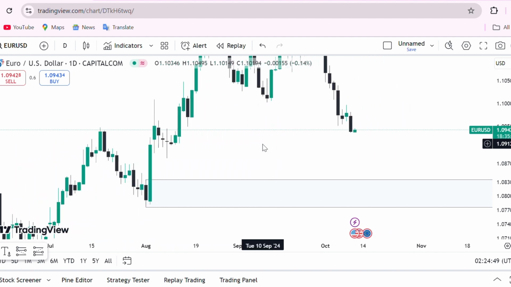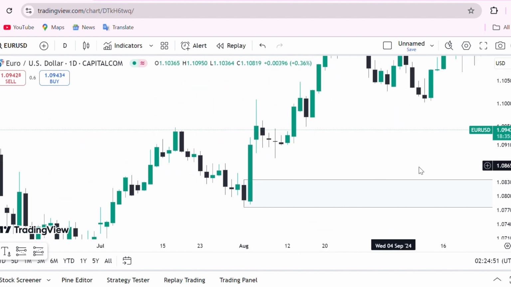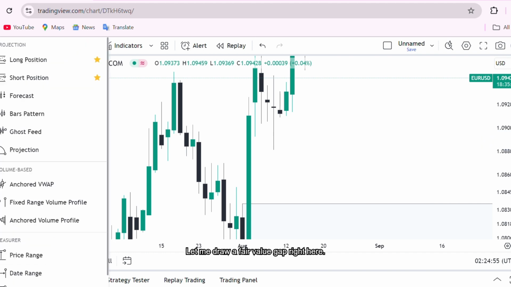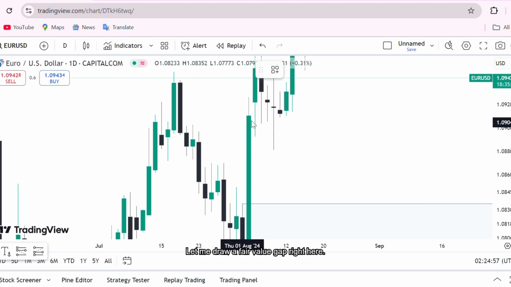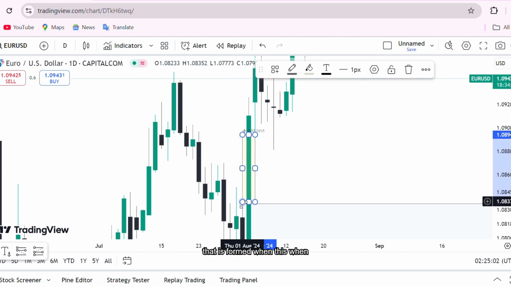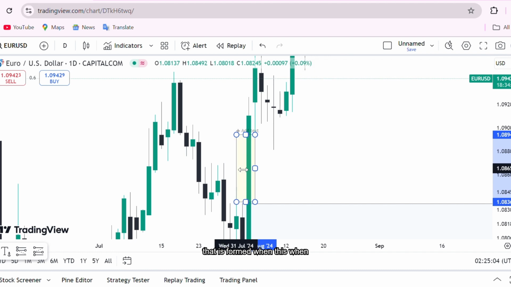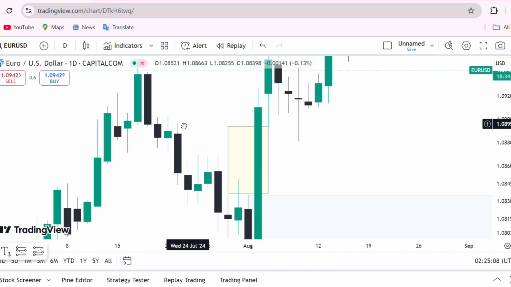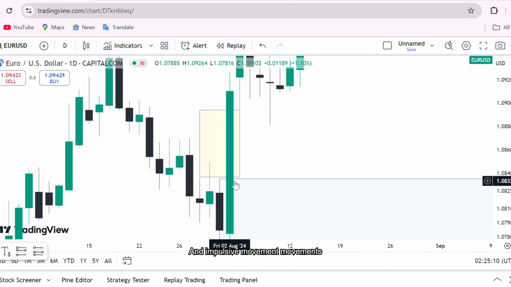Okay, so now that we have this candle, there were sharp movements going to the upside direction. That's how we got a fair value gap, right? Let me draw a fair value gap right here. A fair value gap is basically this gap that is formed when we have impulsive movements, and impulsive movements are always preceded by an order block.